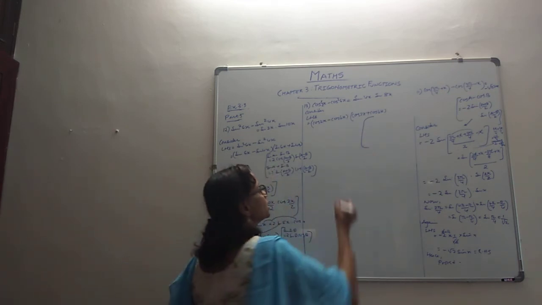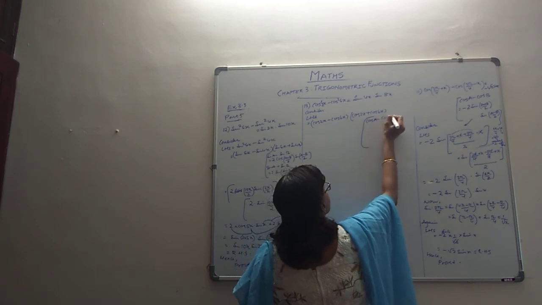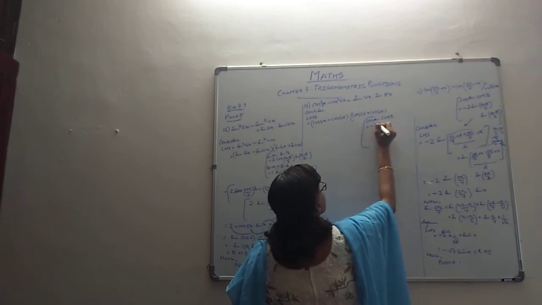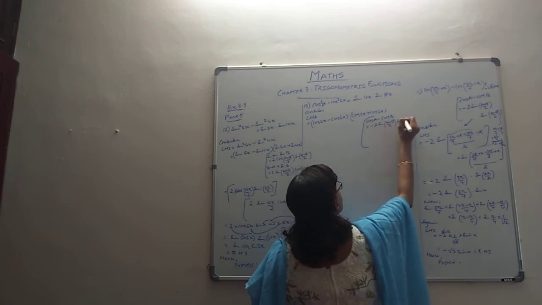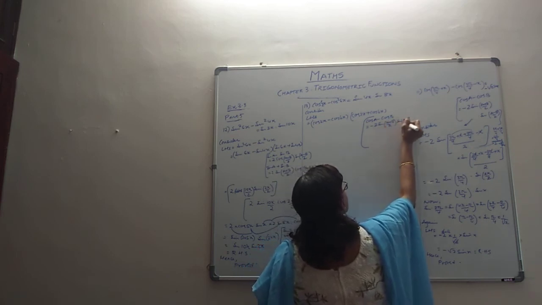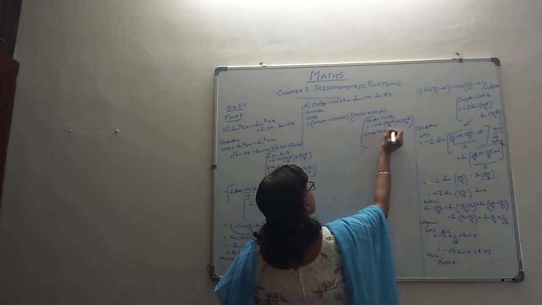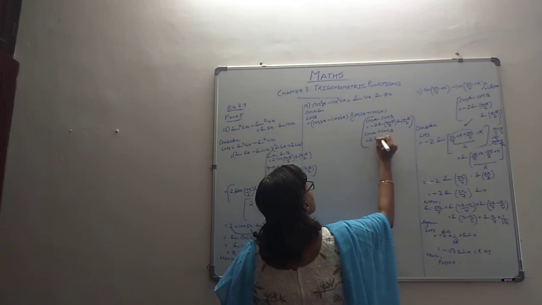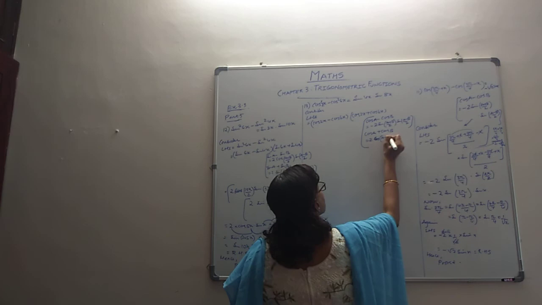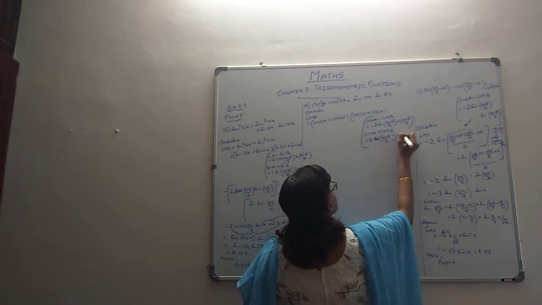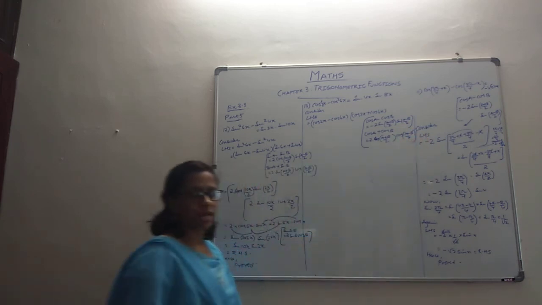Cos A minus cos B is minus 2 sin (A plus B)/2 sin (A minus B)/2, and cos A plus cos B is 2 cos (A plus B)/2 cos (A minus B)/2. So we are using this formula right away.